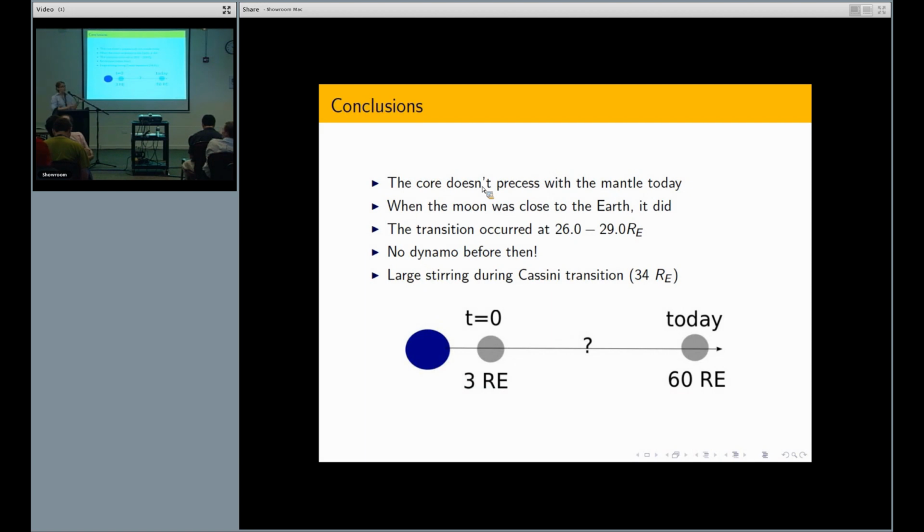Well, so the transition to an unlocked core happens at 26 Earth radii if you're talking about a hydrostatic body. So then the Cassini transition would still be after the unlocking. Okay, so as long as it's after, the result will look pretty similar? Yes.